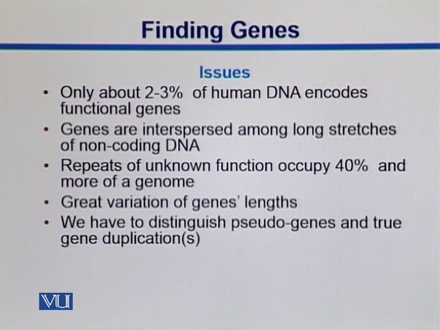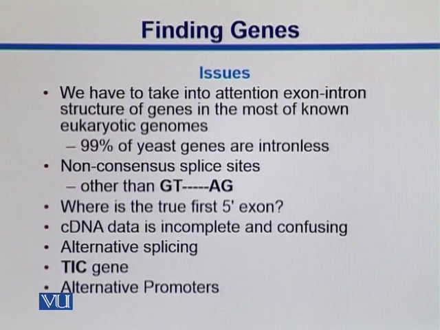We also have to distinguish between pseudogenes and genes that arise due to gene duplications. And there are some other issues that make the situation complicated, like exon-intron structures and non-consensus splice sites. We'll talk about them when we talk about splice sites. And where is the first exon? That is also an important question.